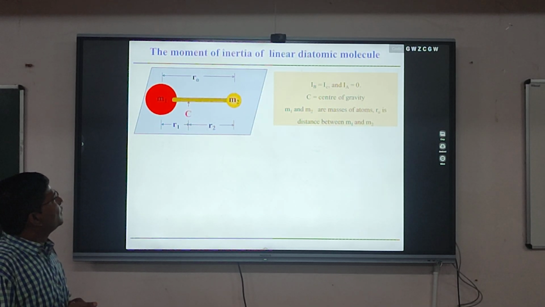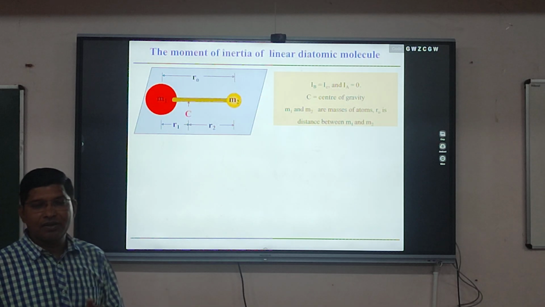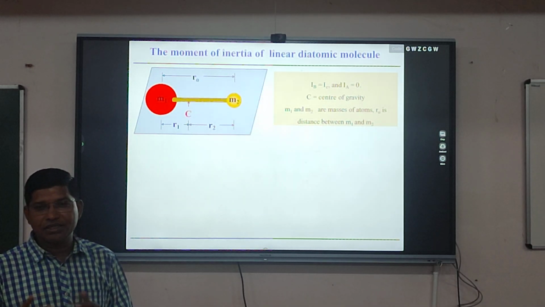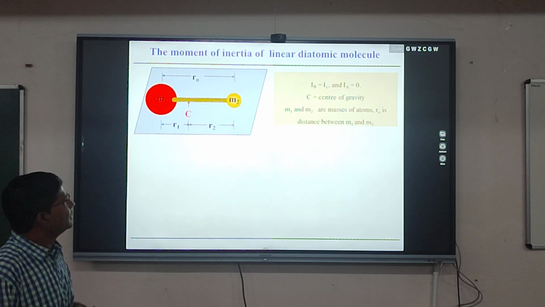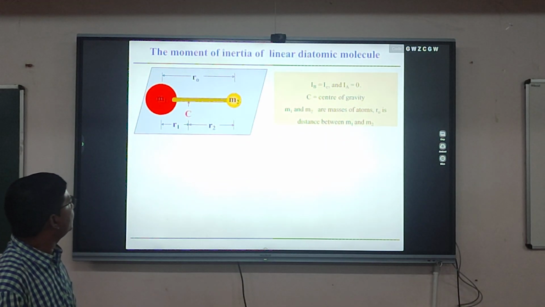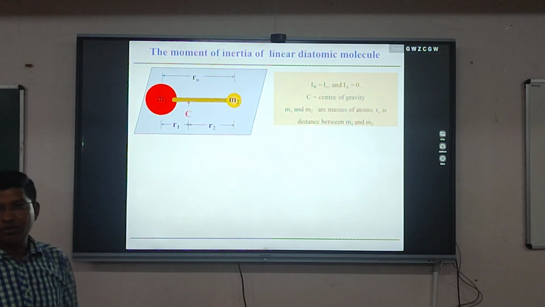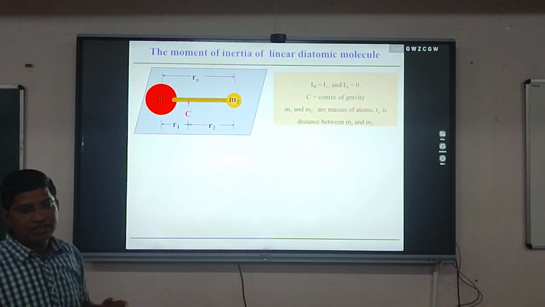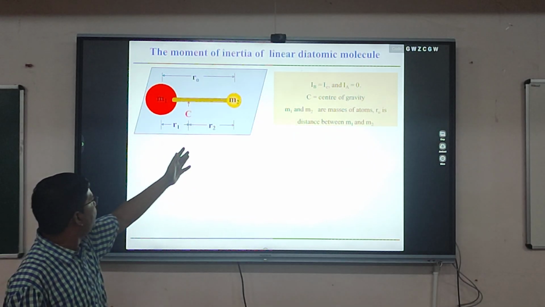Now we will learn the formula for calculating the moment of inertia of a linear rigid rotor diatomic molecule. As we know, a linear rigid rotor diatomic molecule consists of two masses, M1 and M2.